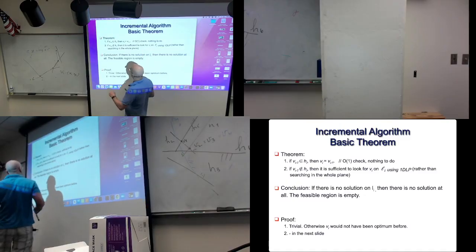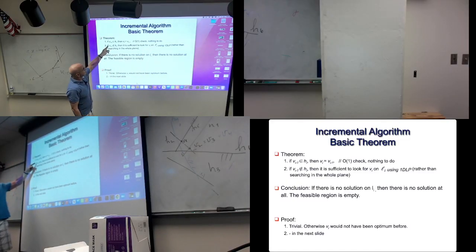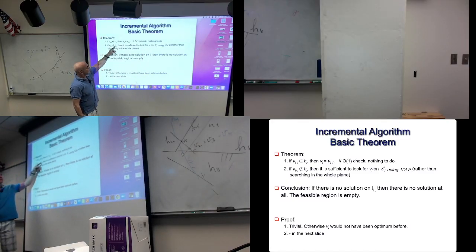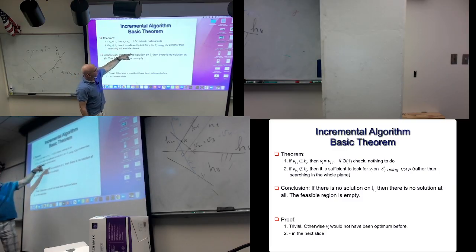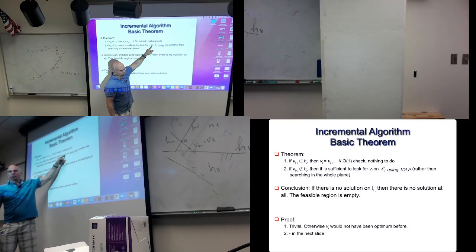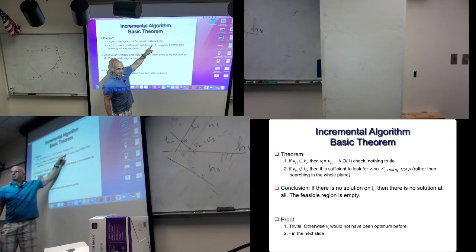This theorem stated that if Vi minus 1 is not on Hi, then Vi must be, of course it's inside Hi, but it argues more. It's on the line that bounds Hi. You just need to look at a one-dimensional space now instead of two-dimensional space. And that will make all the difference in the world.